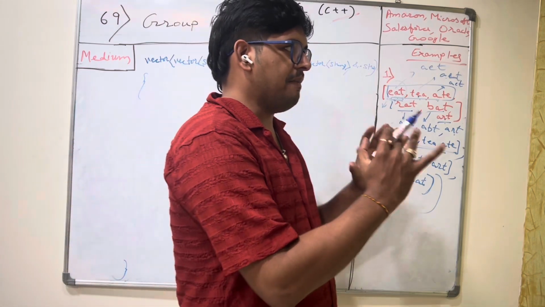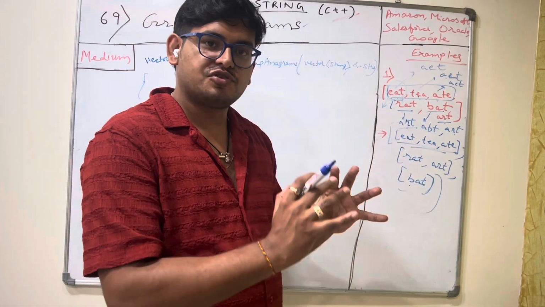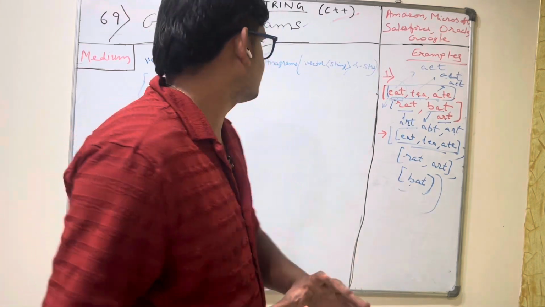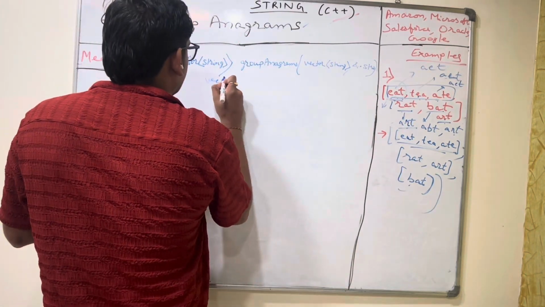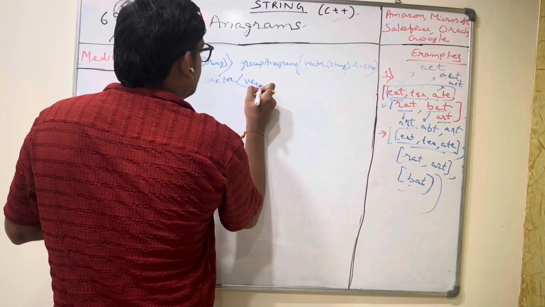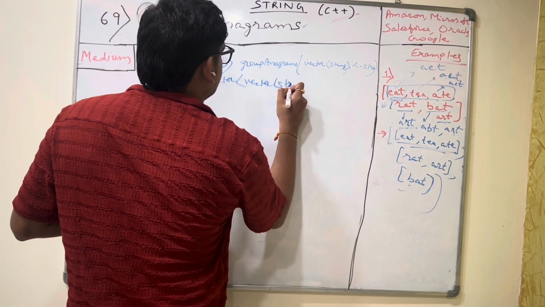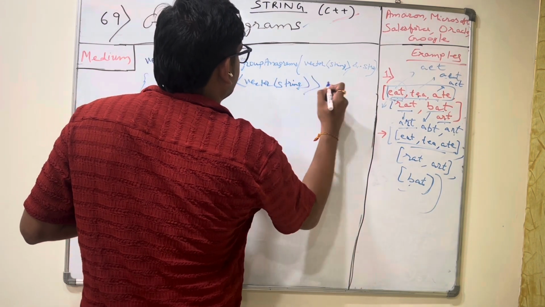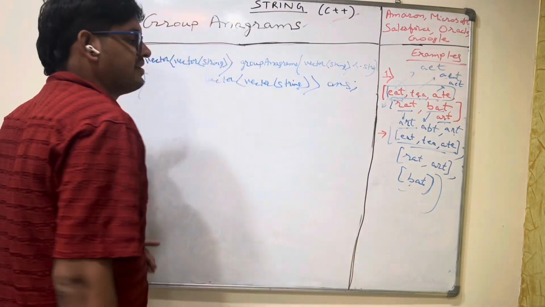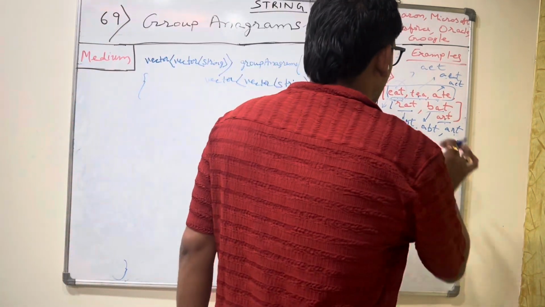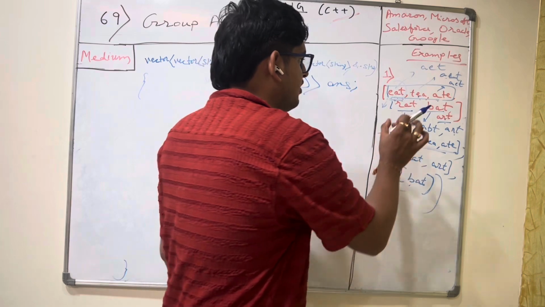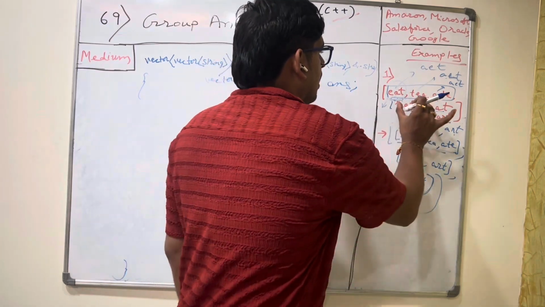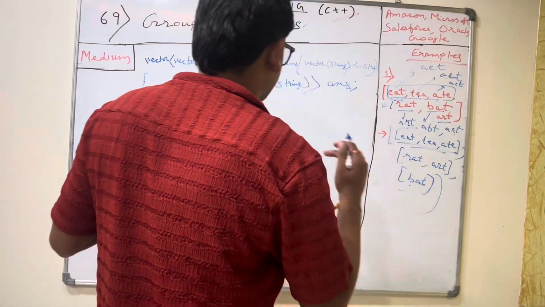So if in a map we take a string and a vector of string, firstly we need to have a vector of string because we'll be returning that. Let's store it as an answer. And now we need to maintain the order and group the anagrams together, so anagrams will be together.